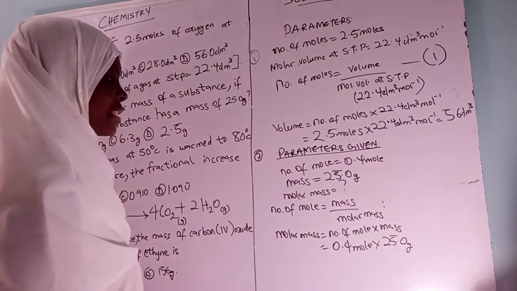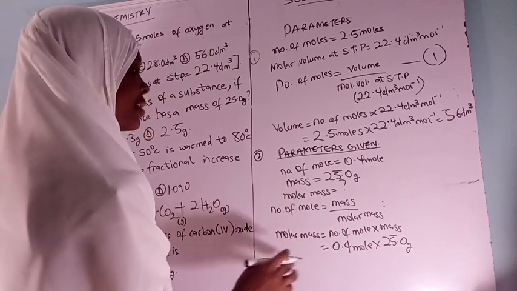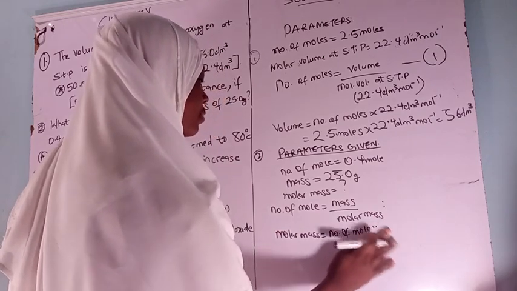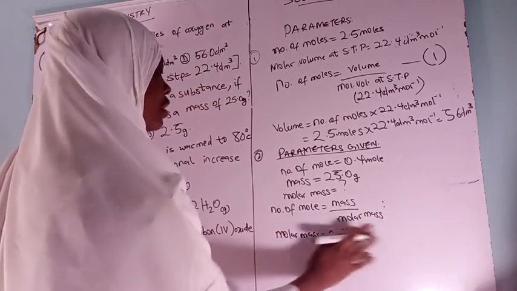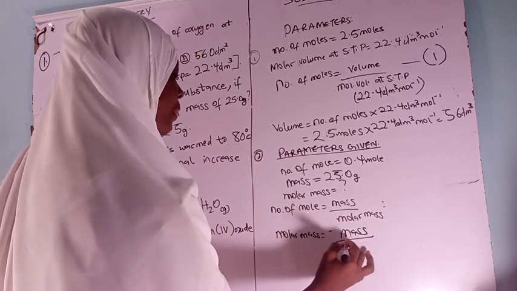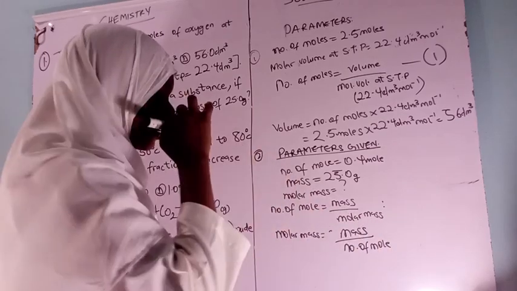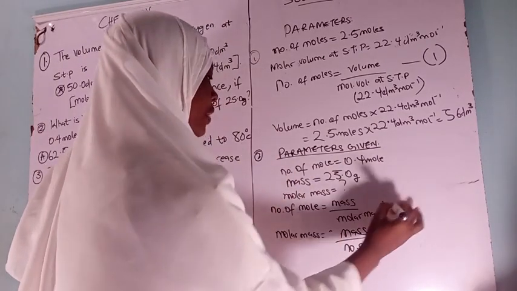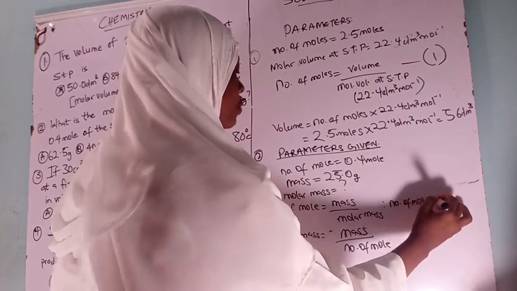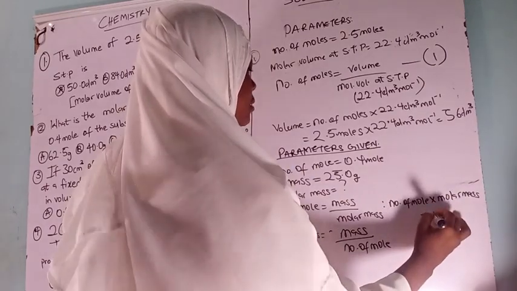Isn't it? That gives us molar mass equals mass divided by number of moles. Like this, how I got it. You know, when you cross multiply, you have number of mole times molar mass equals mass.